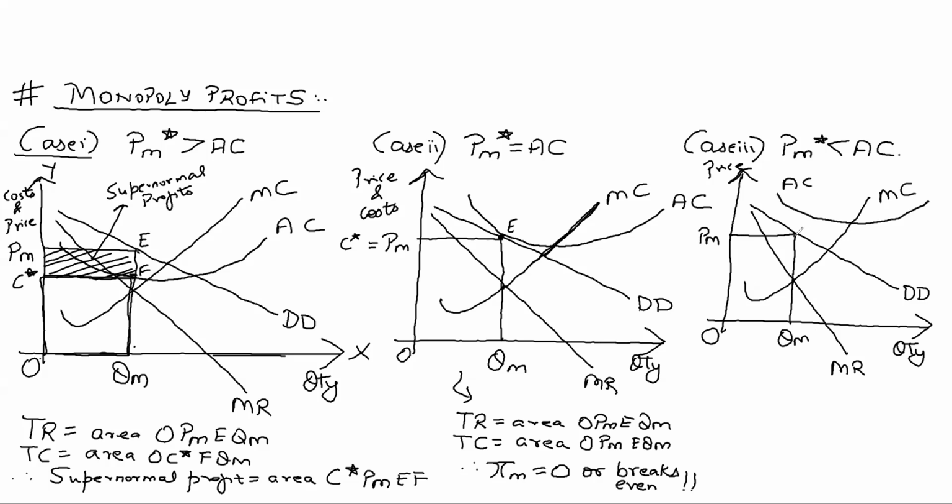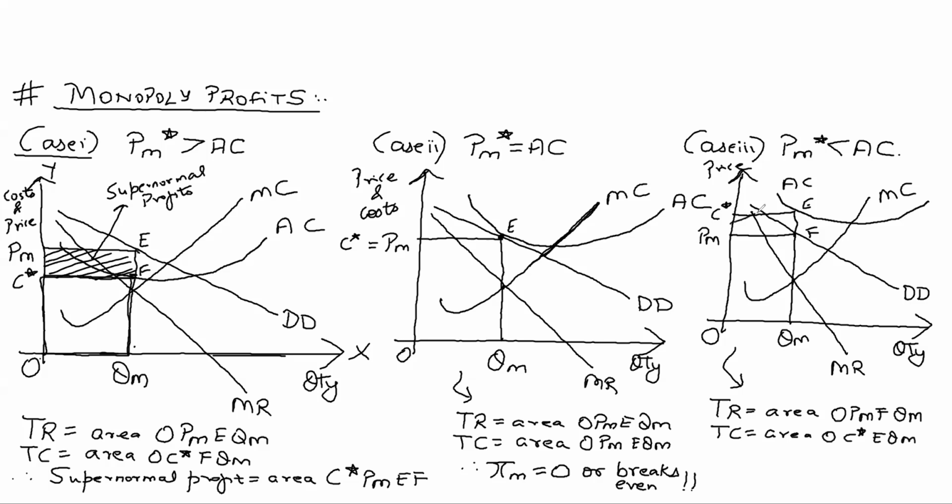So you can see that now the monopolist is making losses. So if this is my E and this is my point F, then total revenue of the monopolist is area OPMFQM. Total cost of the monopolist is area OC star EQM.